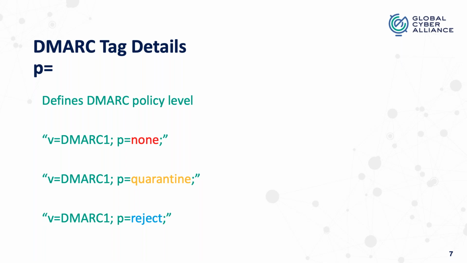So this is why you need to put the p tag second, not somewhere in the middle or towards the end. So v=DMARC1 semicolon, p= and then the policy level, semicolon. Make sure the p tag is there, because otherwise you'll get errors, or some validators won't even check or will say it's incorrect, or other verification tools will say that you don't have a DMARC policy and ignore it.